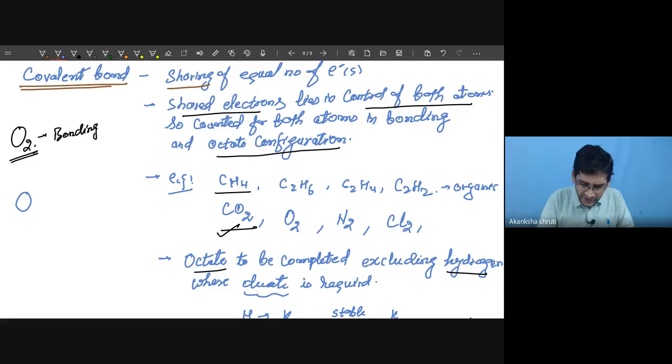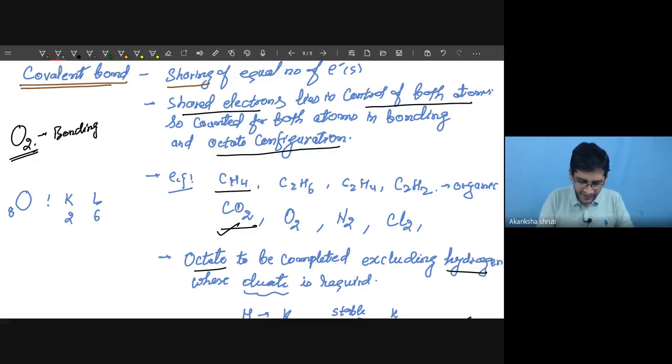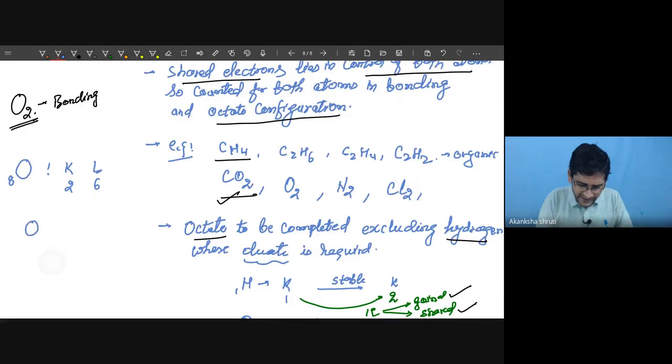The electronic configuration is K and L: 2, and a total of 8 electrons in this oxygen, so it will be 6 in the L shell. So there will be 6 electrons around this oxygen. Only 6 electrons we are going to draw, not the 2 electrons. So the outermost or valence electrons we are drawing.